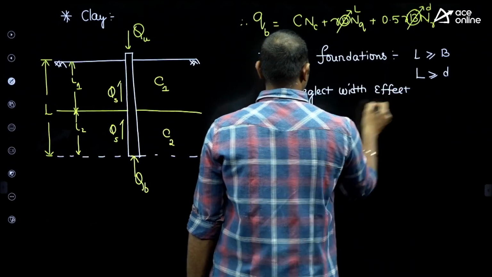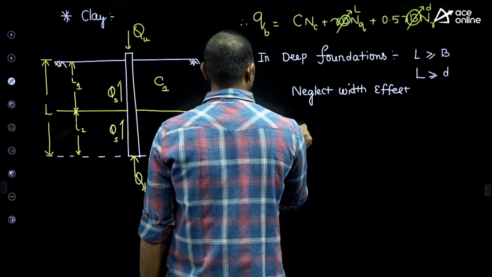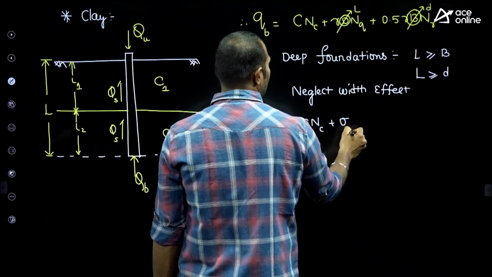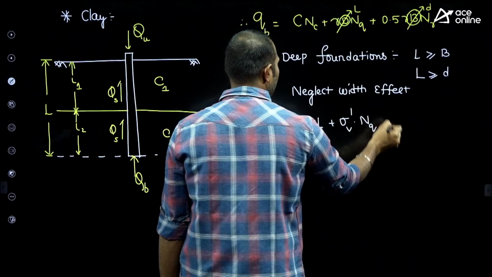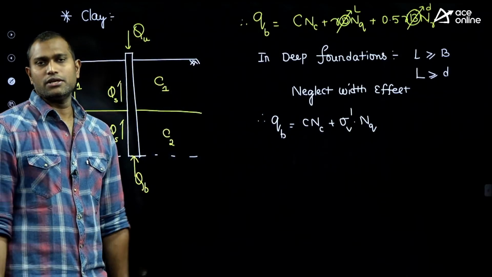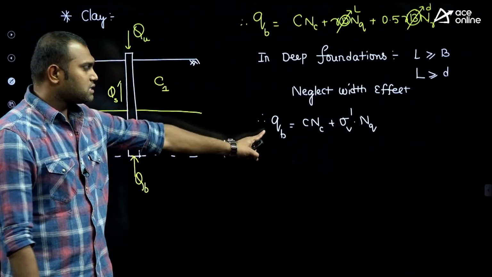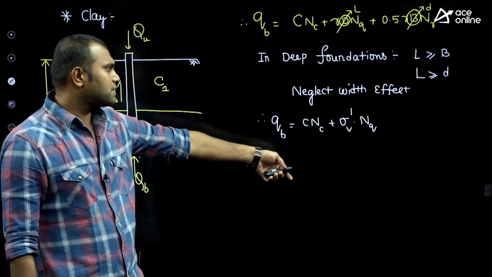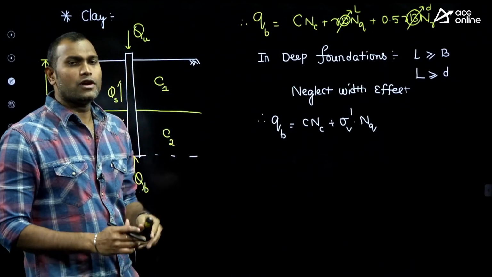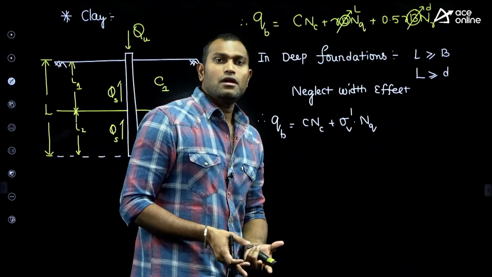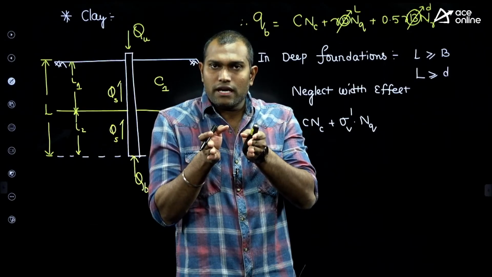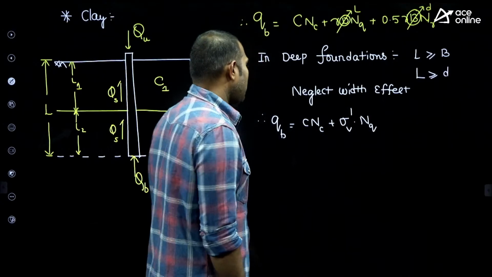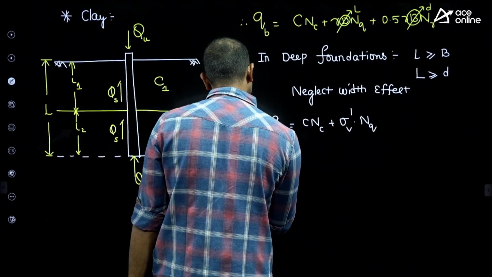If you neglect the width effect, then QB is equal to CNC plus gamma into L, as the vertical stress, into NQ. And this is the ultimate bearing capacity. So QB is nothing but the ultimate bearing capacity in deep foundations, as the width, which is the dia of the pile, is very less. Neglect that width effect.